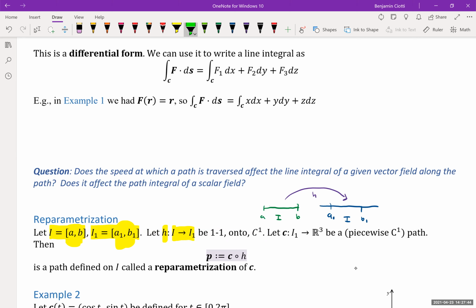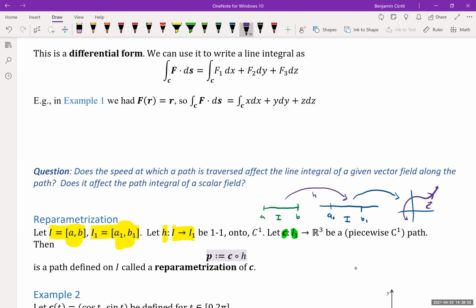Suppose that we have some path C, which is defined on I1. So C takes I1 into, let's say, the plane, right? Maybe you get some path C like that.